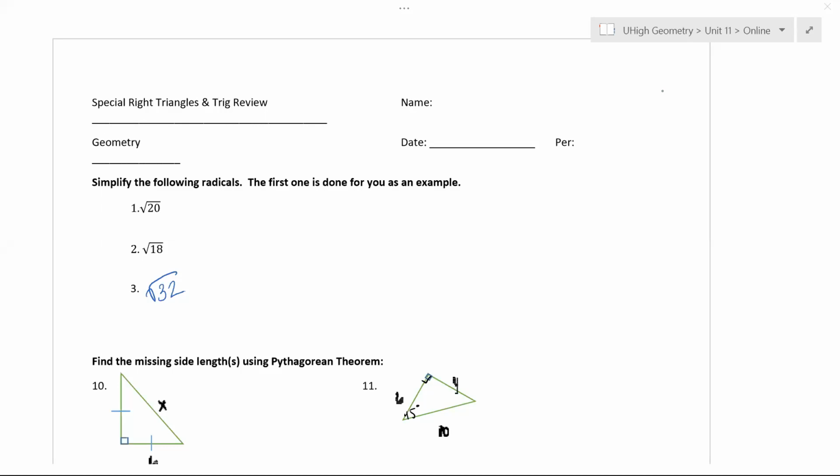Today we are going to do some review of special right triangles and trig before we start our next unit. What you guys have attached to your assignment is this sheet that just says special right triangles and trig review. I want you to make sure that you have that pulled up and you are looking at that while we're going through these examples.